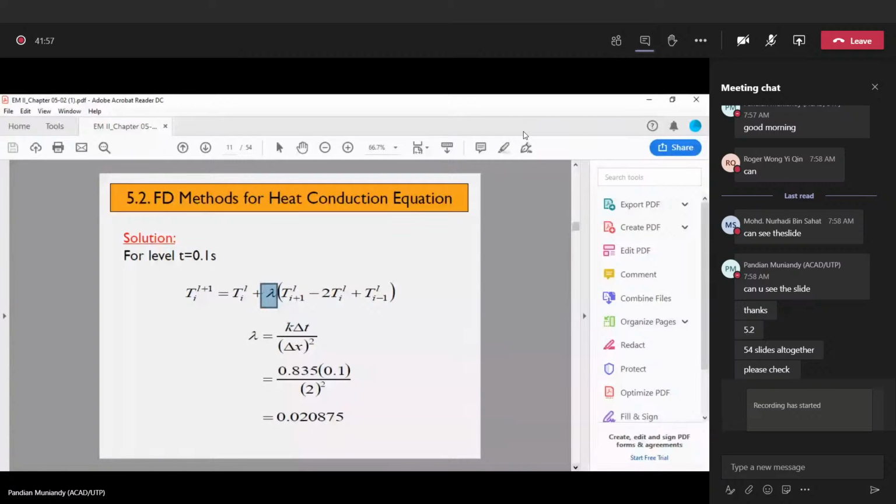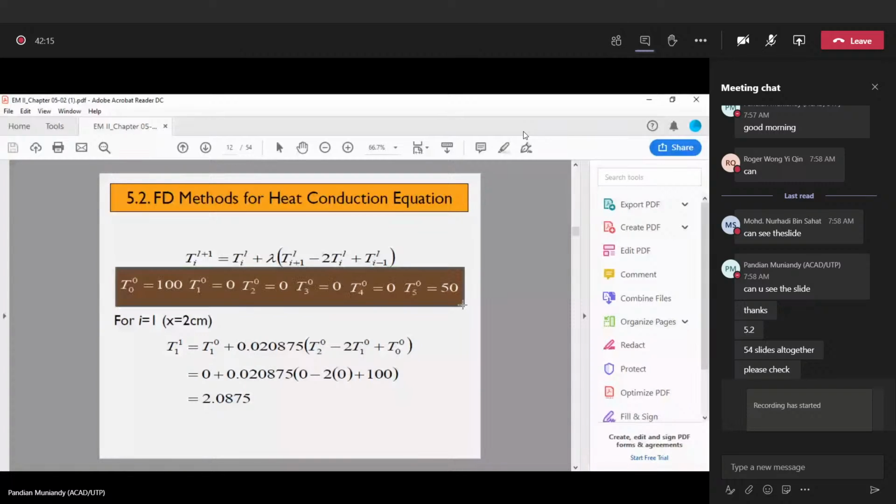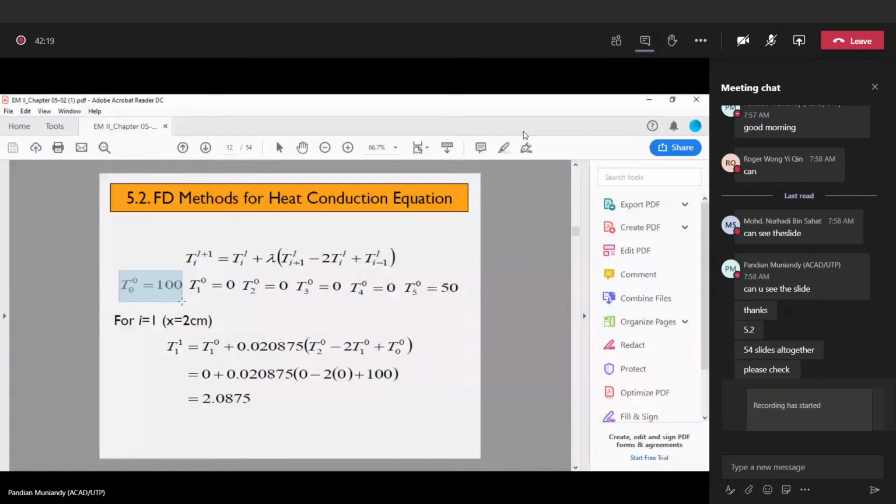So we can start now with the first I. I equals 1, X is 2 cm. This one is the initial condition plus the boundary condition. The boundary condition is this one and this one. This T superscript 0 subscript 0 is 100. The L on the top is 0. This one, subscript 0, means X is 0.